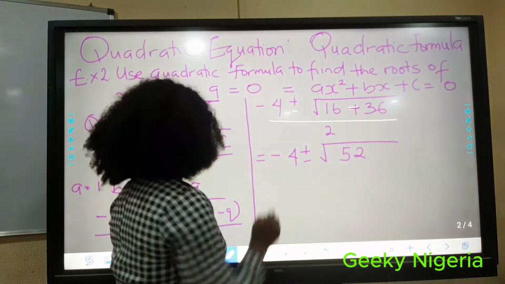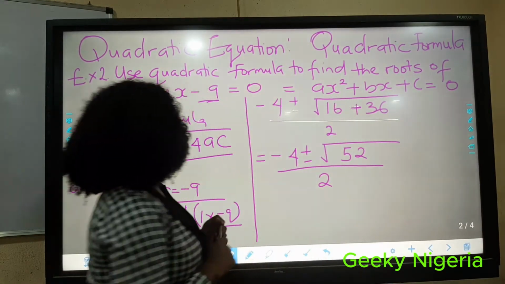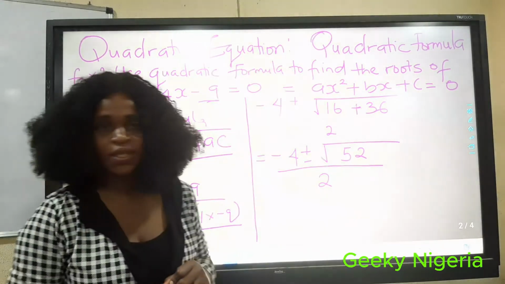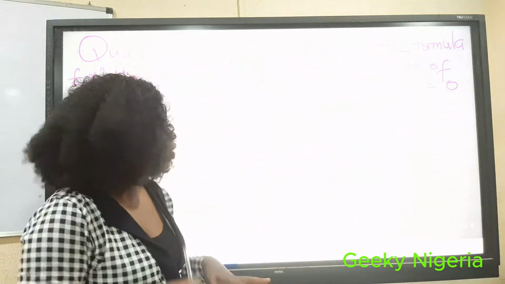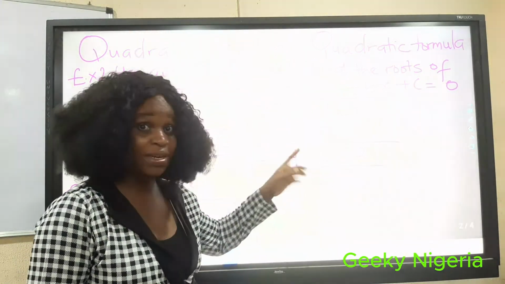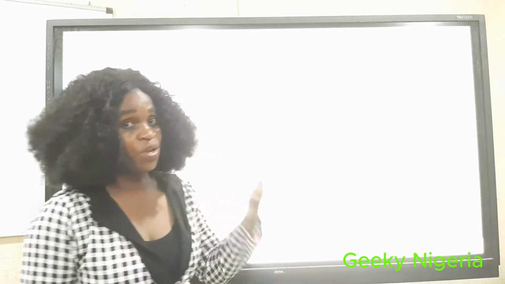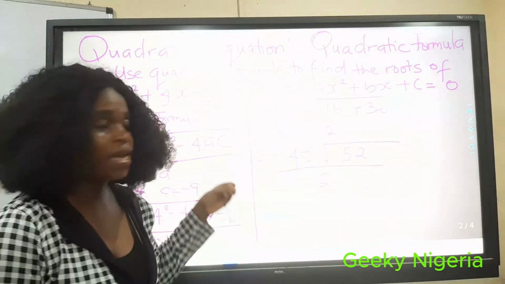52 all over 2. Now you look at this, like, oh my god, 52 cannot have a square root directly. But is there a way that I can have something that is divisible, that I can get the square root of and I can reduce this? If there is, fine. If there is none, you walk straight ahead like this.